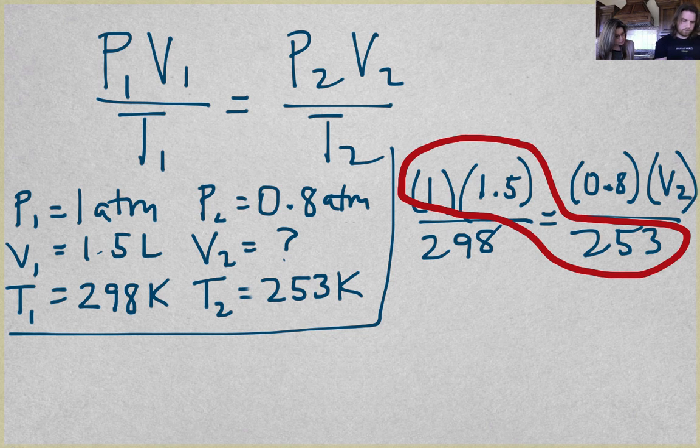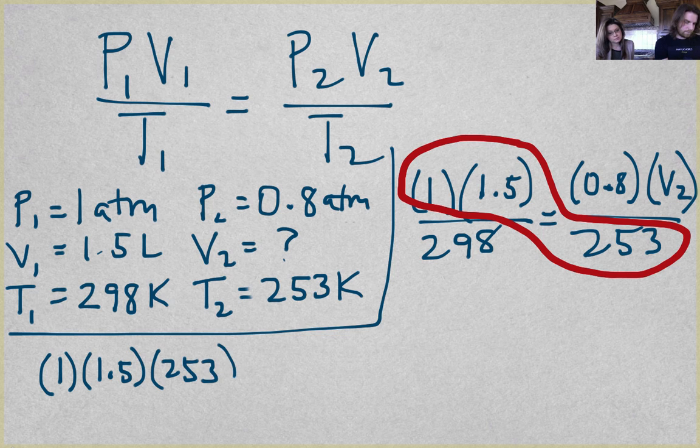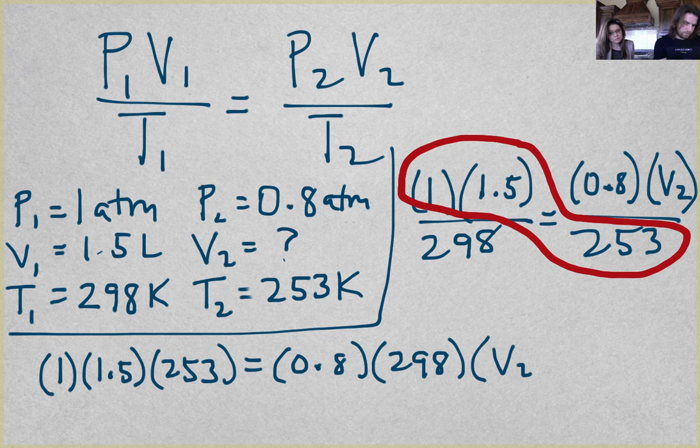So we've got 1 times 1.5 times 253 equals the other stuff: 0.8, 298, and our unknown, V2. Remember, we have to divide both sides by this right here to get V2 by itself.